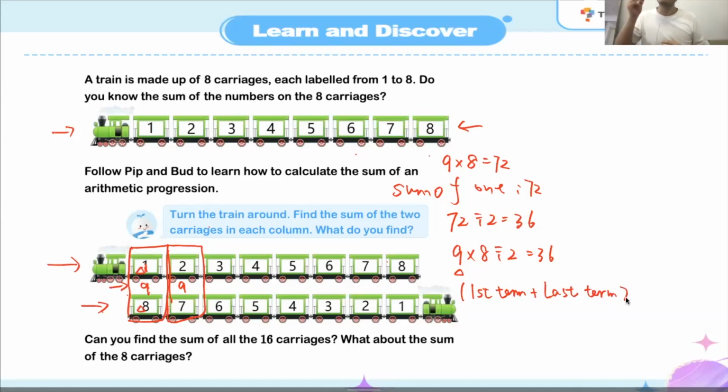And what is 8? That means 8 columns. But why do we have 8 columns? Because we have 8 numbers in one sequence, right? So that is times the number of terms.